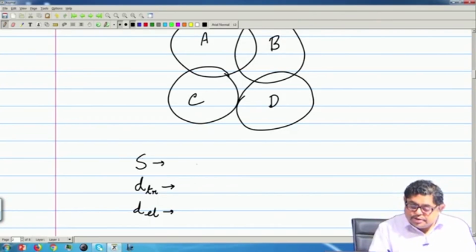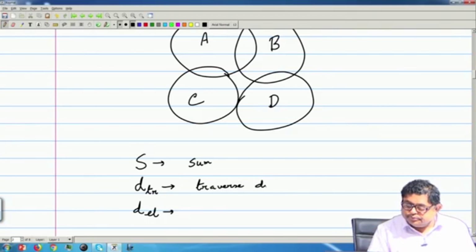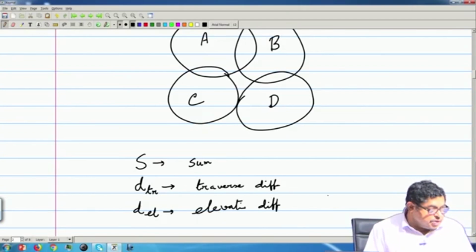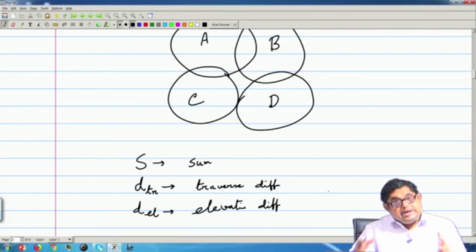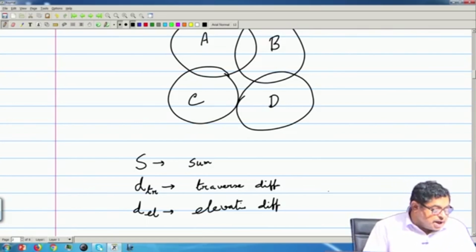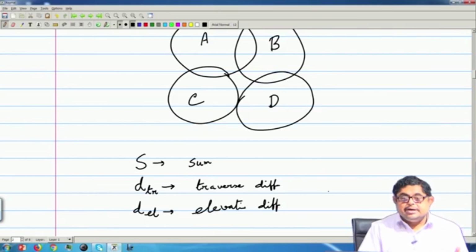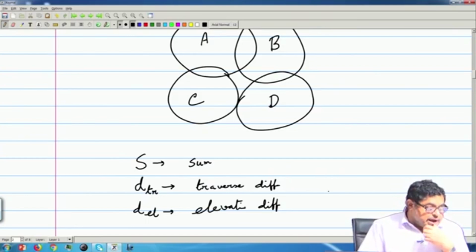So, this is the S, we will call sum, the traverse difference and elevation difference. Okay. Now, for making this sum, that means combining and taking differences, we need to do it at RF level. So, we will see those hardwares, how you can do that. So, RF combining devices should be used.